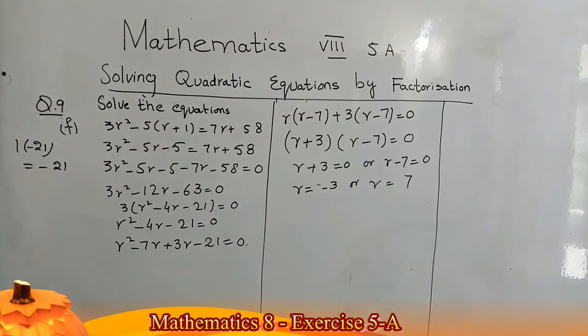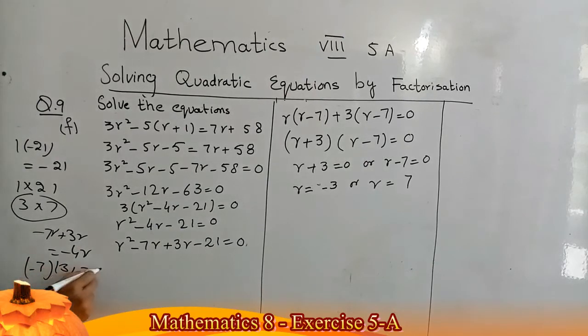So first of all I will find the factors of 21. 1 into 21, 3 into 7. So I will select this pair because minus 7r plus 3r is equal to minus 4r, and their product is minus 21.